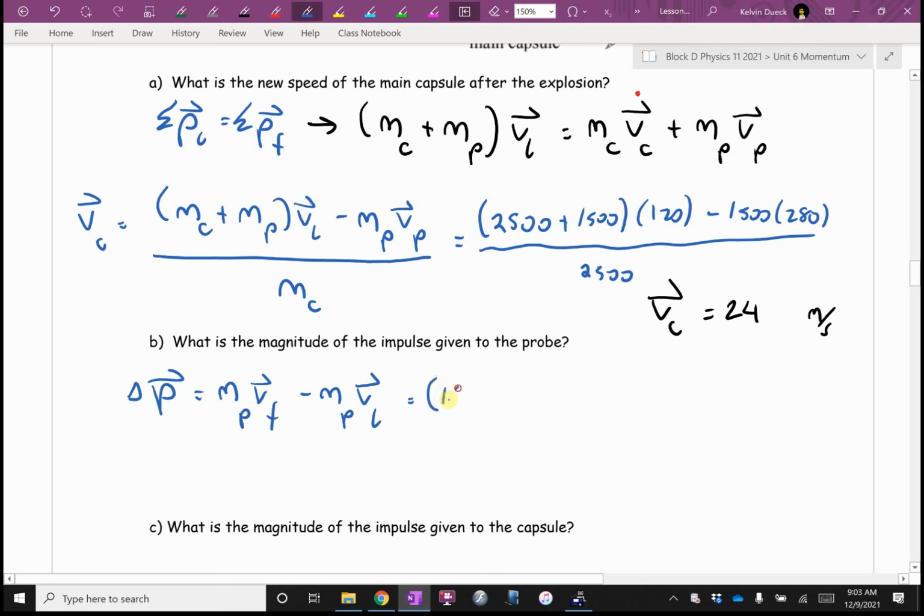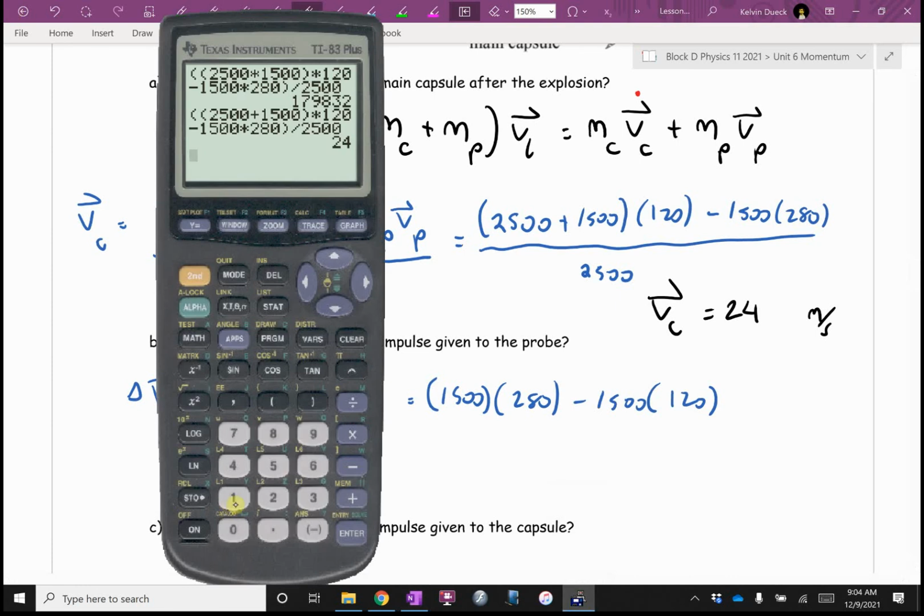It's going to be 1,500 times 280 minus 1,500 times 120. That's just straight plug and chug. I get 240,000. This one is kilogram meters per second, right?